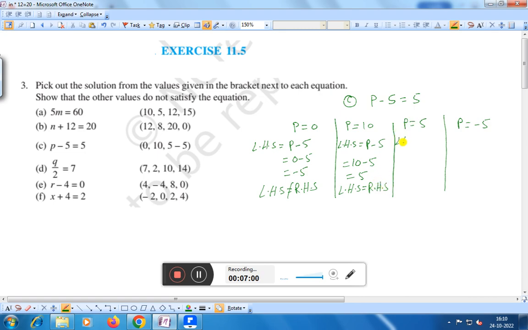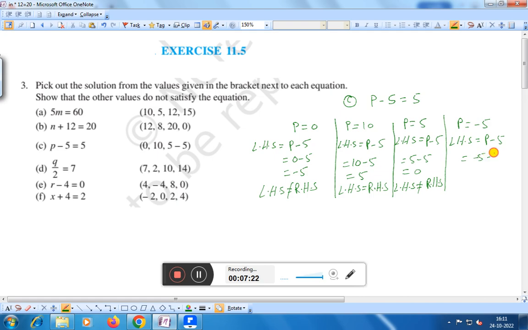Next, LHS equal to P minus 5, that is 5 minus 5 is equal to 0. Therefore, left hand side is not equal to right hand side. And the last one, left hand side equal to P minus 5.